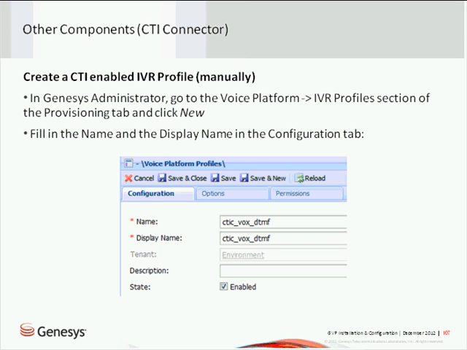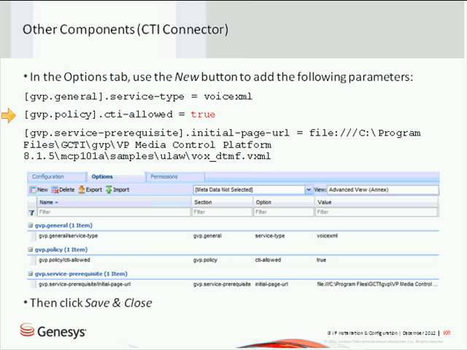Setting your IVR profiles to actually use CTI. So assuming we still have that LRG gateway set to use CTI based on DID lookup, we basically create our IVR profile. This is manual, and we set CTI allowed to true.